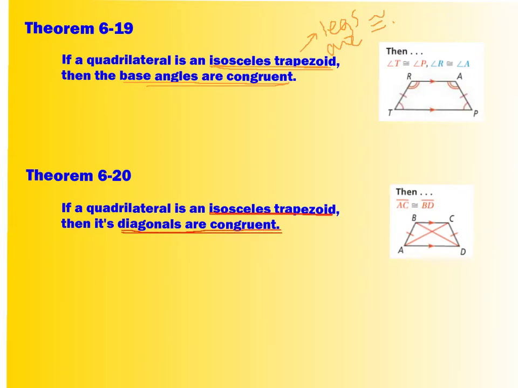So if I have an isosceles trapezoid, which I know by these 2 tick marks telling me my legs are congruent, then I know the diagonal from A to C must be equal to the length of the diagonal from B to D. So in an isosceles trapezoid, I know 2 things. Base angles are congruent, so T and P, R and A, and diagonals are congruent, so CA is congruent to BD.